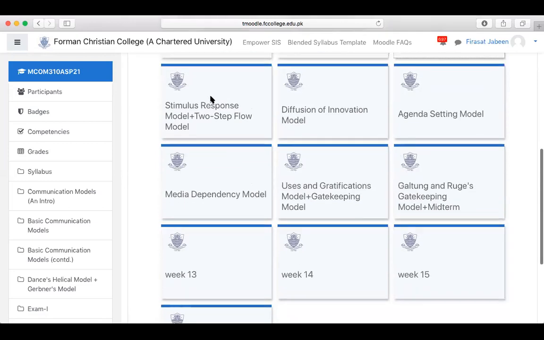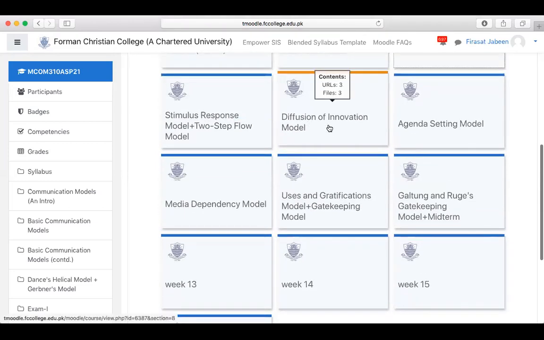In other words, let's say I give you a question related to the application of the diffusion of innovation model in the Pakistani context. And I ask you, all right, how are you going to apply Everett Rogers' diffusion of innovation model to your local circumstances, to your family members?